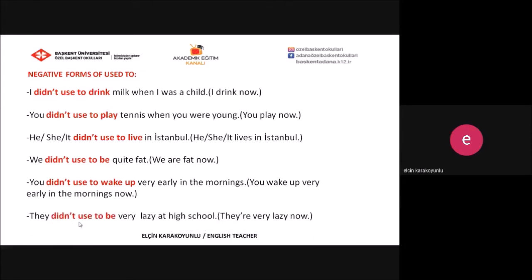And they didn't used to be very lazy at high school. As you see again, in all sentences, first we use the subject at the beginning of a sentence, and then didn't use to, and then the bare infinitive form of the verb.